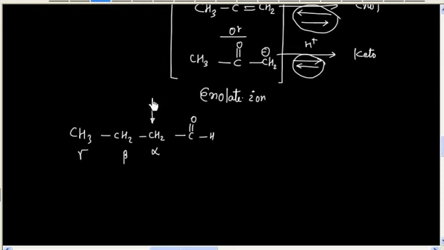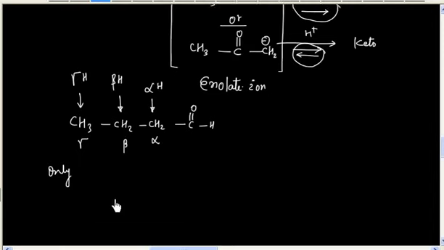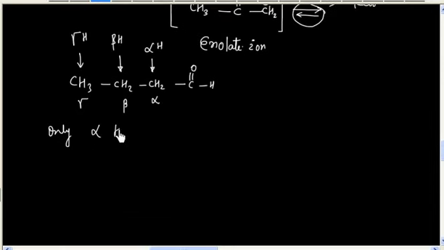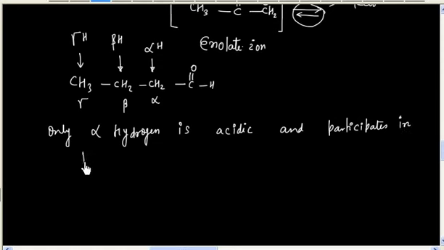So here we have alpha hydrogen, this is beta hydrogen, and here we have gamma hydrogen. So only alpha hydrogen is acidic and participates in keto-enol tautomerism.